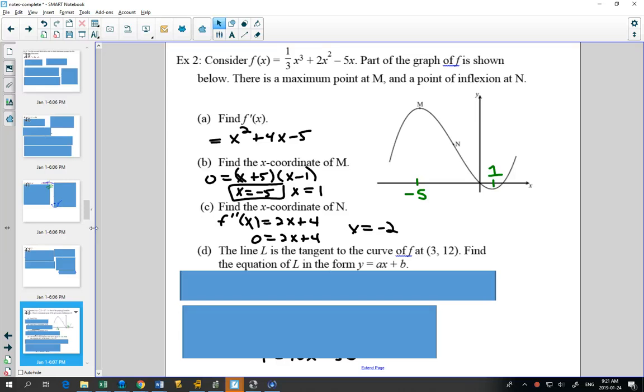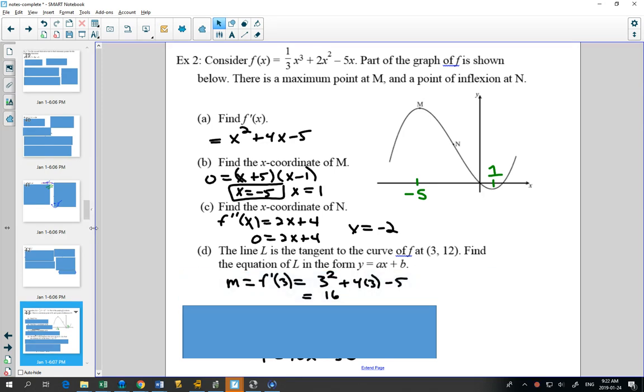So this is going back to finding a tangent of a line that we've done before. What do we know? We know the slope of your tangent is always from your first derivative. We've figured out our first derivative to be x squared plus 4x minus 5. We can plug in 3 and find out our slope is equal to 16.